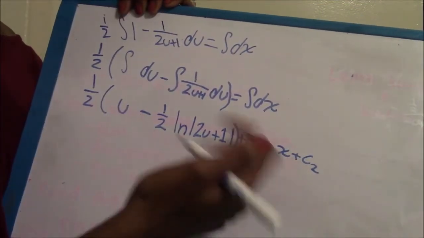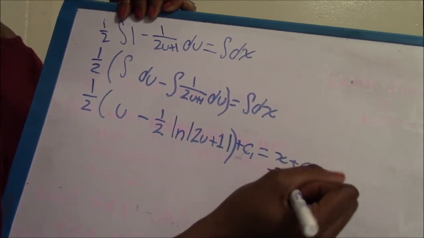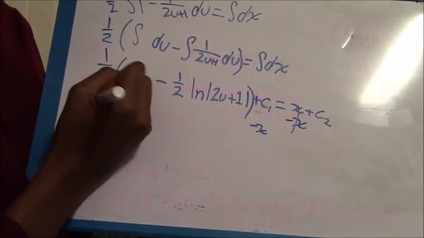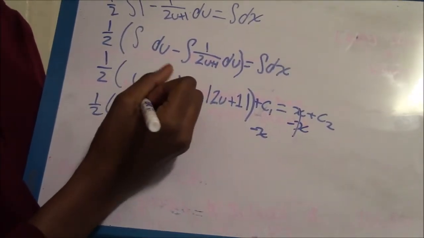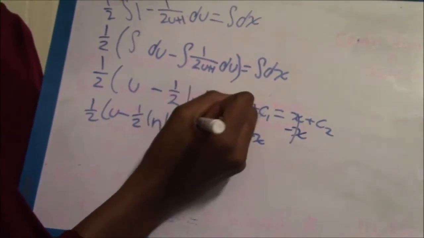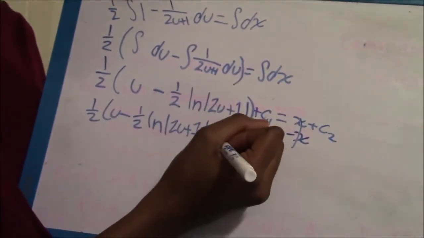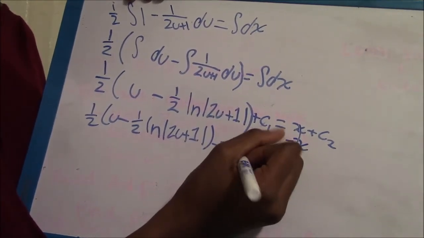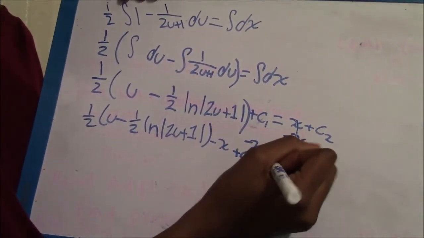So we're going to bring our x over, so we're going to subtract x from both sides. We're going to end up with 1/2 u minus 1/2 the ln of the absolute value of 2u plus 1 minus x plus c1 equals c2.